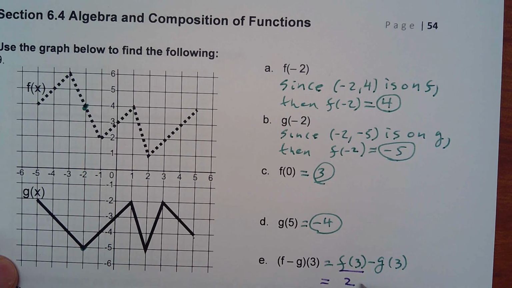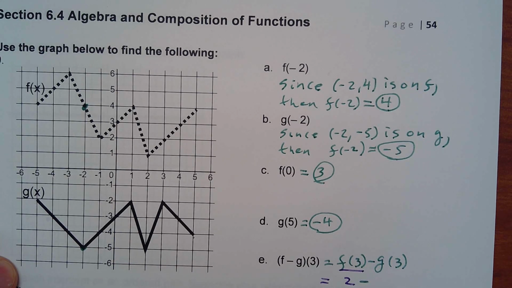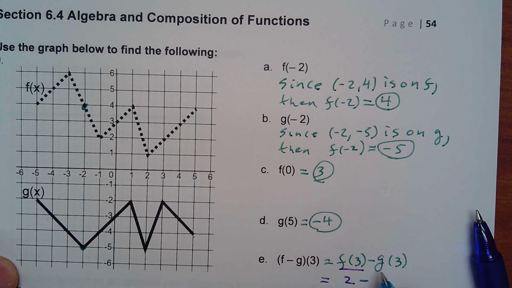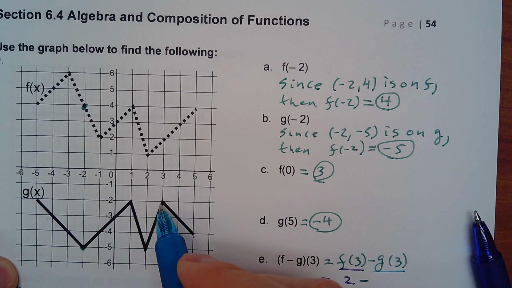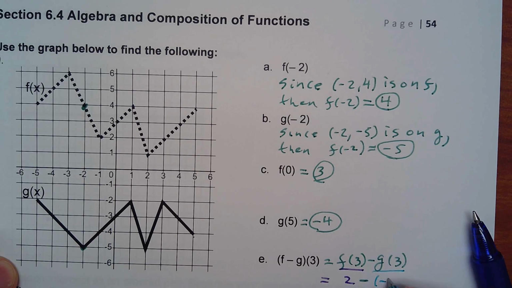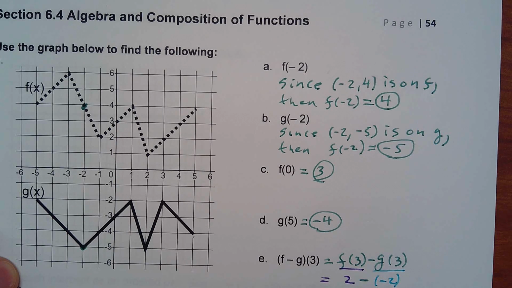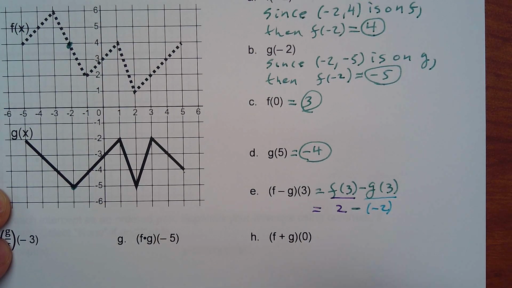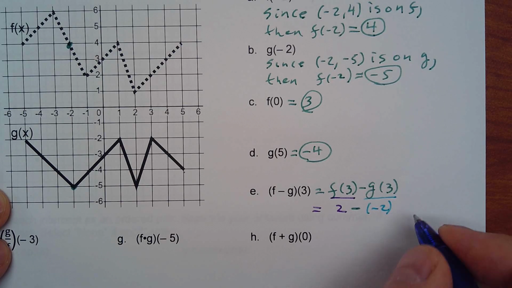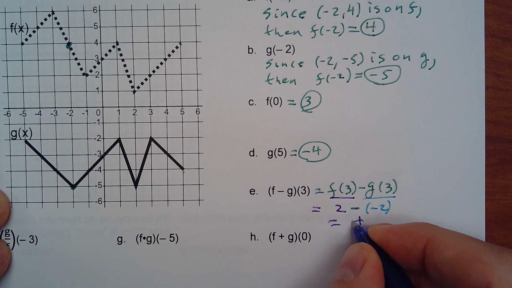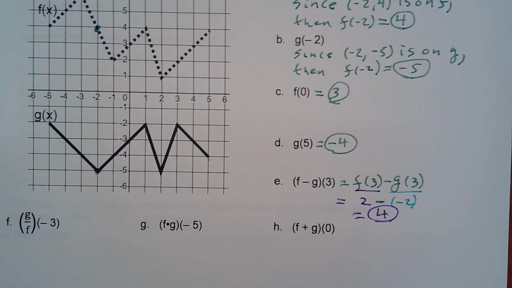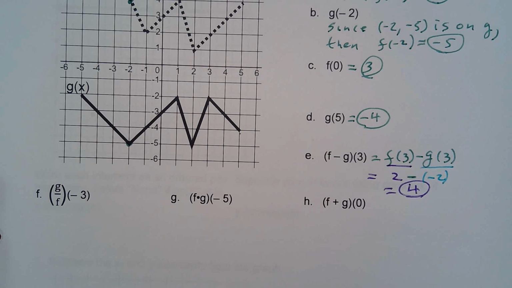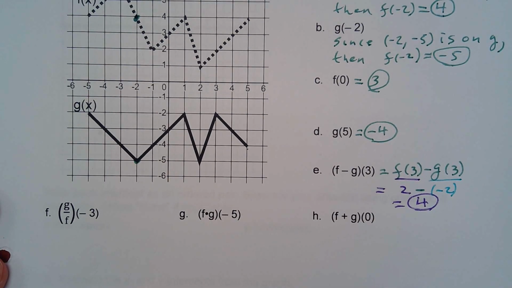And then we have this subtraction. And now I'm looking at g of 3. So I'm going to go over here at 3, look at my g value, that's negative 2. Well, subtracting a negative becomes positive. So 2 plus 2, that's going to give me a 4. All right, let's look at the next one.